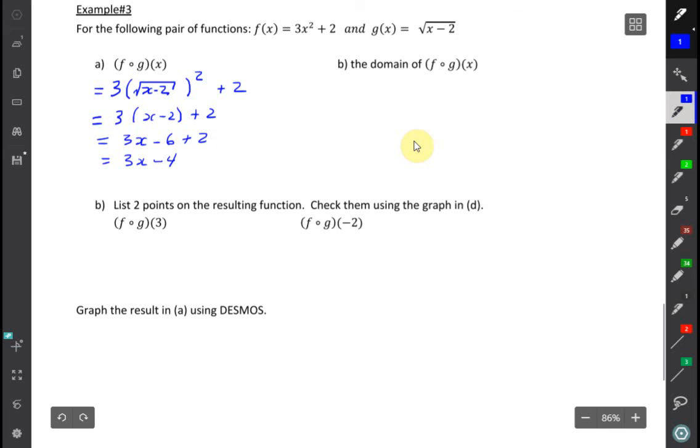Once again, this is our square root function. It must not have negative values underneath the root sign, so x minus 2 must be greater than or equal to 0. Solving for x, x must be greater than or equal to 2. That is the limiting factor for our domain.